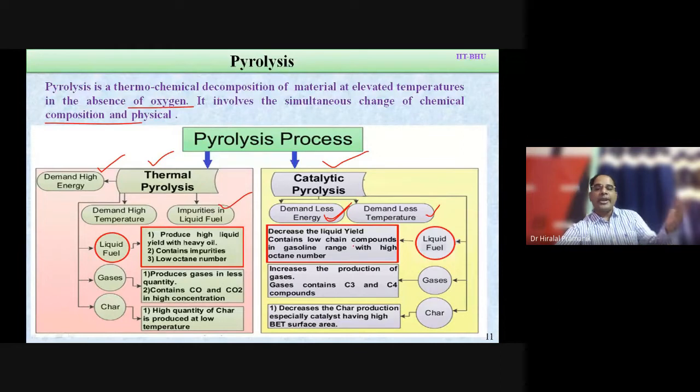This way you can change the product composition by selecting the catalytic pyrolysis route. It increases the production of gases; gas contains C3 and C4, propane, butane. It decreases char formation; here char formation will be lower than in thermal pyrolysis. So that's why catalytic pyrolysis is preferred over thermal pyrolysis.